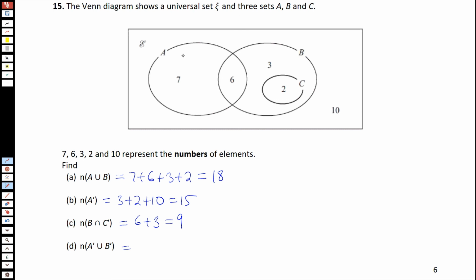Because everything outside A will be the whole of that region outside A, and everything outside B will be the whole of that region. And you're combining this. So that will be 7 plus 3 plus 2 plus 10, which will be equal to 22.